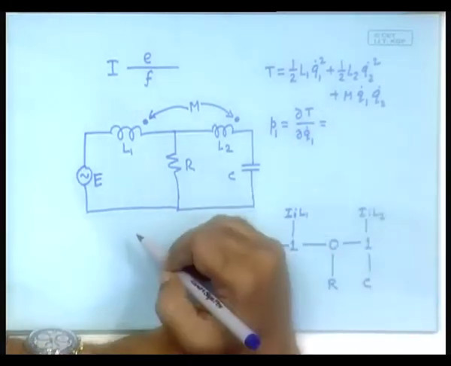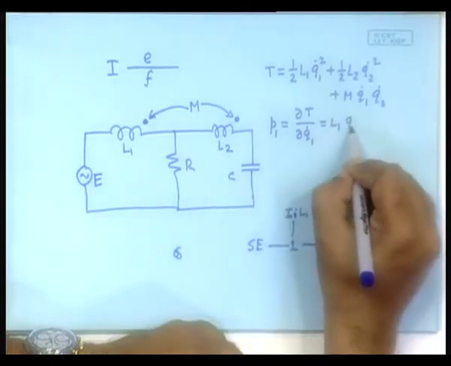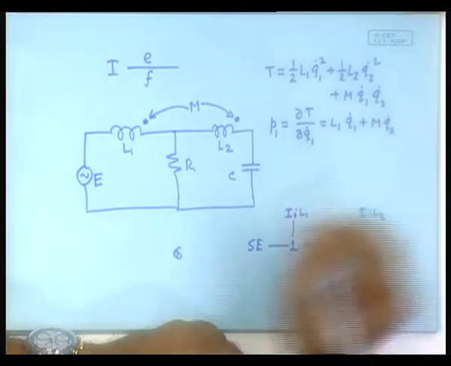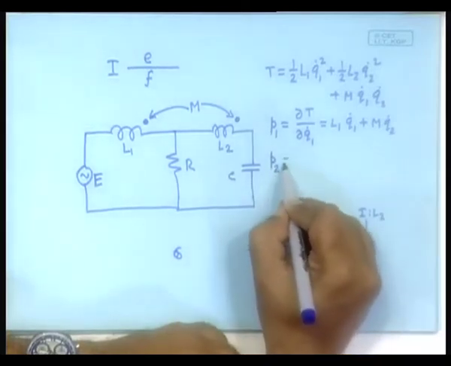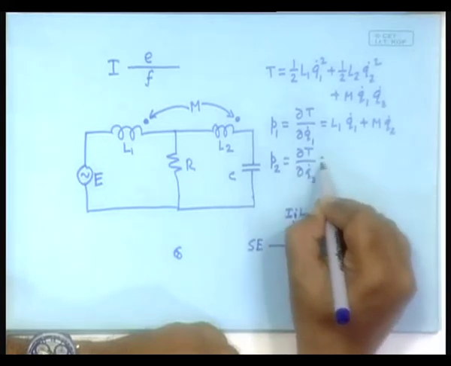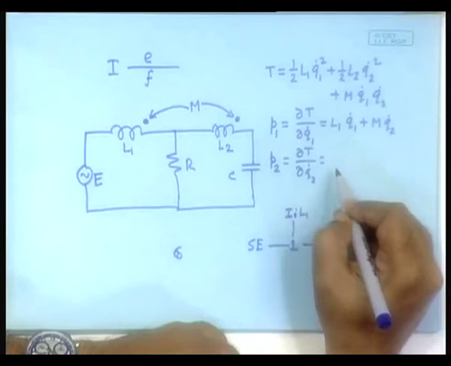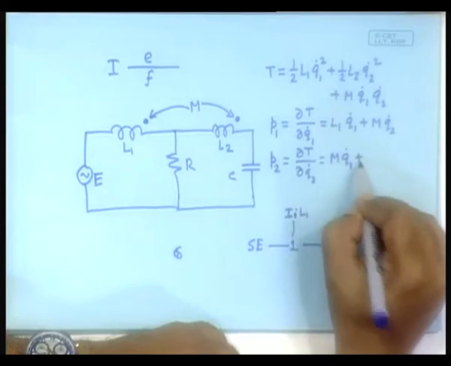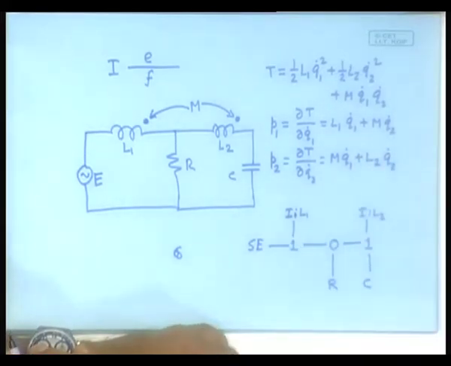This comes to be L1 q1 dot plus m q2 dot. Similarly, P2 will be m q1 dot plus L2 q2 dot.